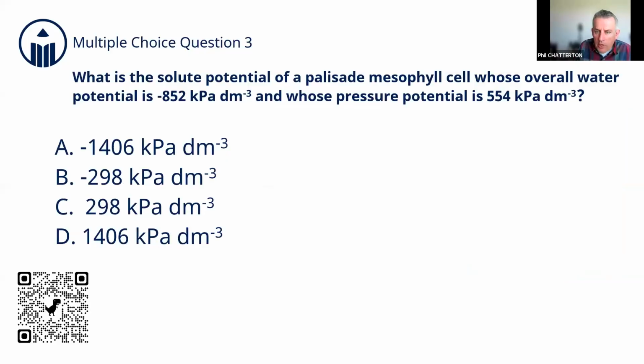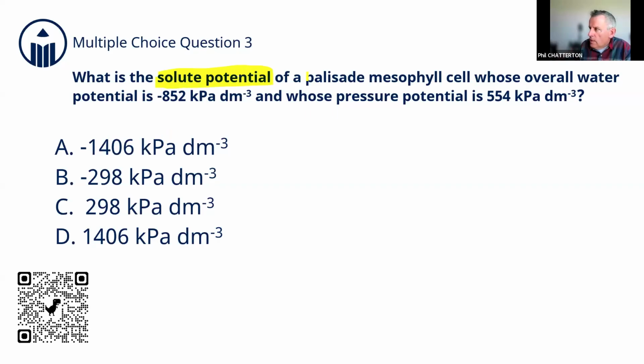Multi-choice question 3. What is the solute potential of a palisade mesophyll cell whose overall water potential is negative 852 kilopascals per litre and whose pressure potential is 554 kilopascals per litre? Okay, so again, our magic highlighter. I'm not saying literally use a highlighter on everything, but I'm using this highlighter to try and draw your attention to what it's asking for.